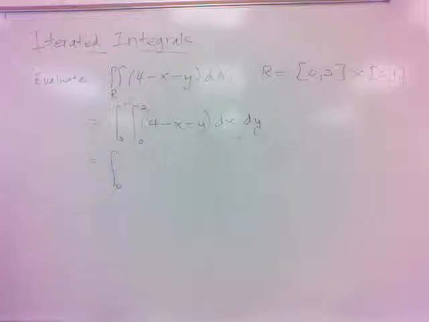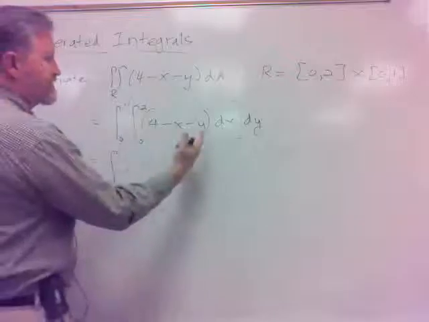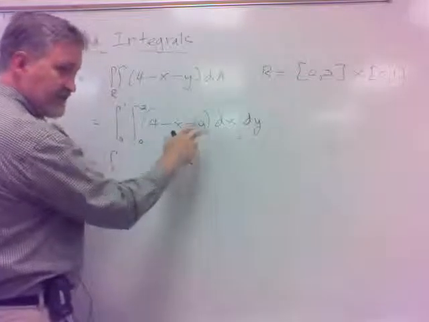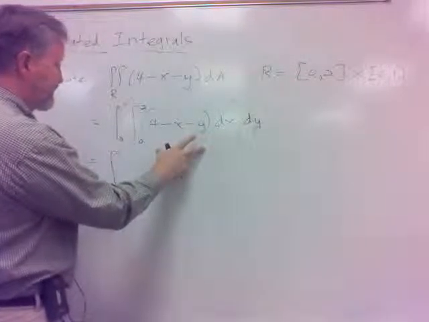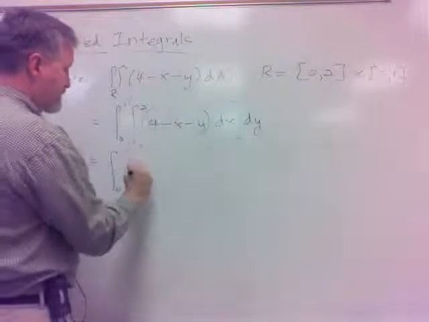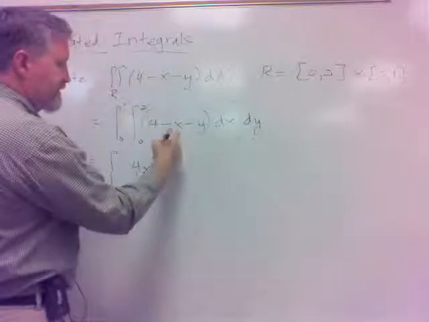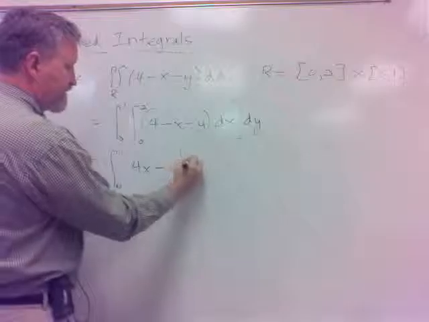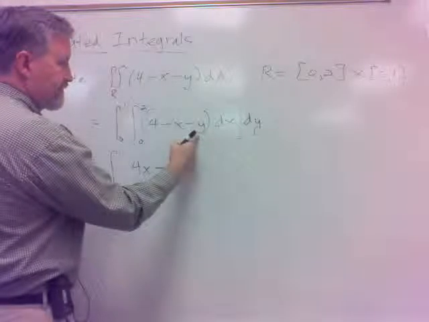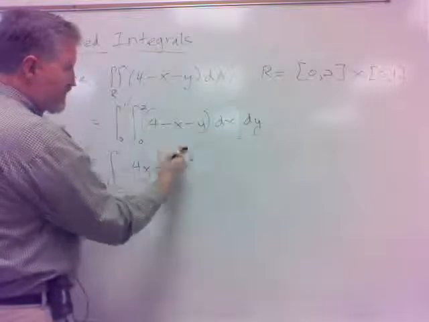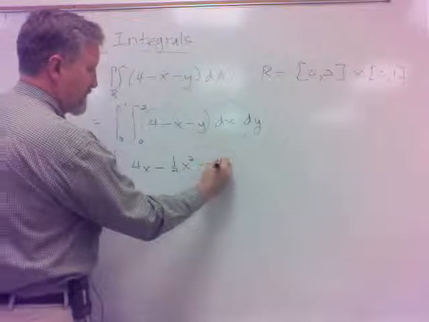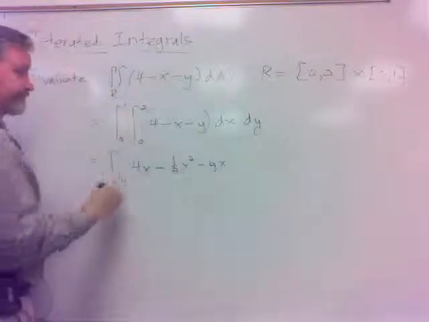So the y is fixed here. Of course, 4 is a constant. The y is fixed, so y is a constant in this context here. So that would be 4x minus 1/2 x squared, and then y is just like 4, so for xy.